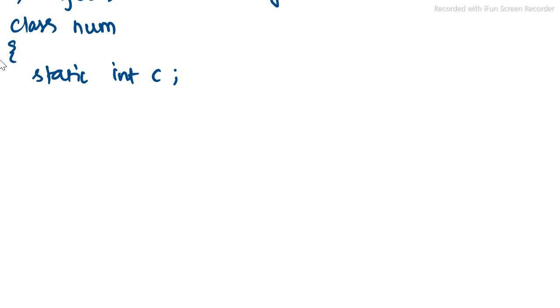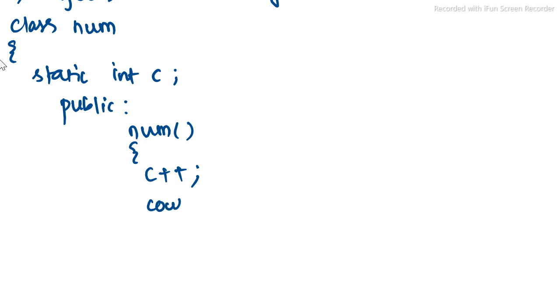In the public section we create the constructor, num. Inside the constructor, we increment the c value, c++, and display with cout "object created". In this program we will show the object id created and the object id destroyed.